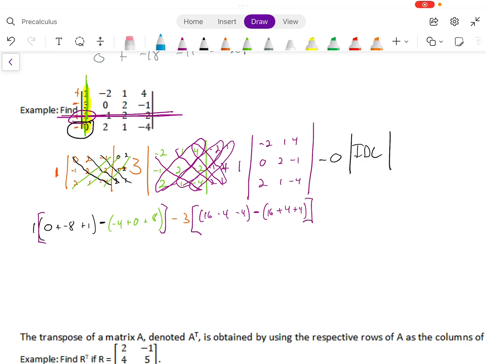And then we have this next one here. So that's a +1. We can rewrite these.